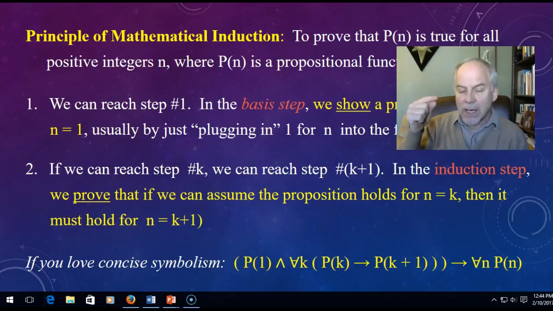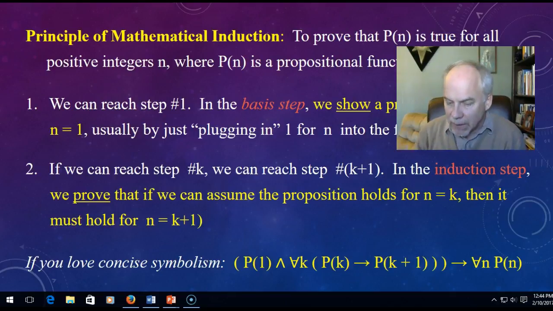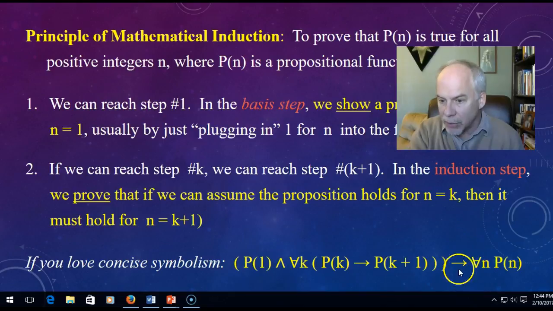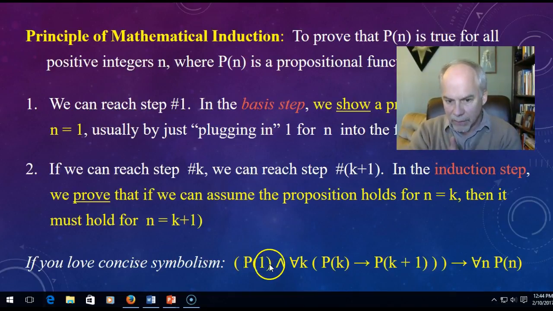All right. Now, if you love concise symbolism, this could be expressed as the following conditional statement. Now, you notice the arrow here is a conditional. And then there's one big parenthesis around all of this. All right, so this says P of 1. In other words, it works for the first case.